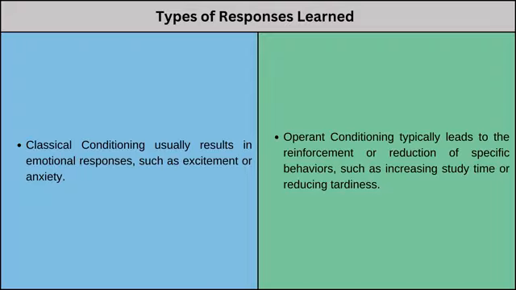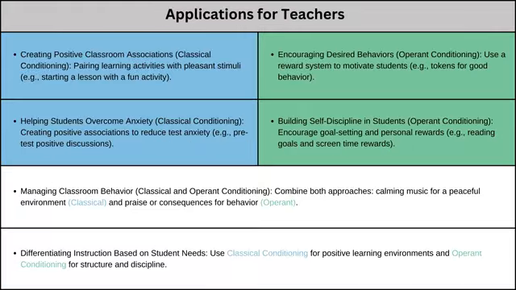Therefore, classical conditioning shapes emotional responses, while operant conditioning shapes behaviors. Now, keeping in mind the differences of these two conditioning types, let us see how teachers can apply these principles in the classroom to enhance learning and manage students' behavior effectively.